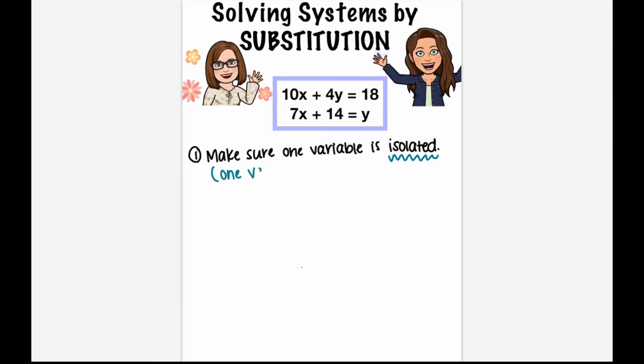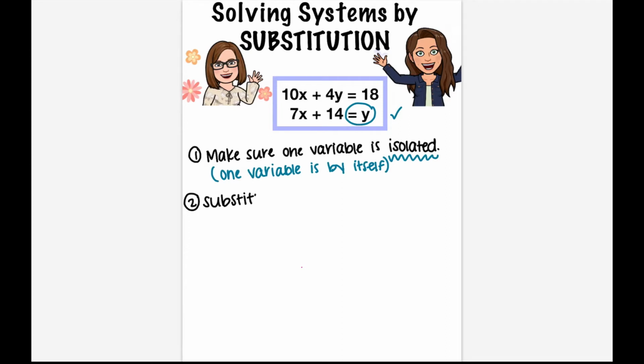For a variable to be isolated means that it is by itself. So in this system of equations that's given, we have y on one side of the equation by itself. That means we can use the substitution method.